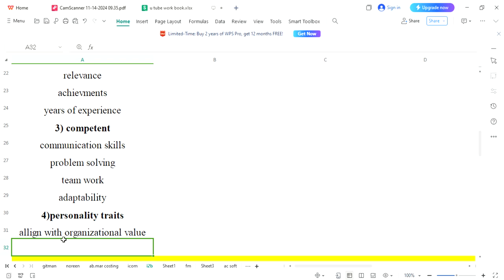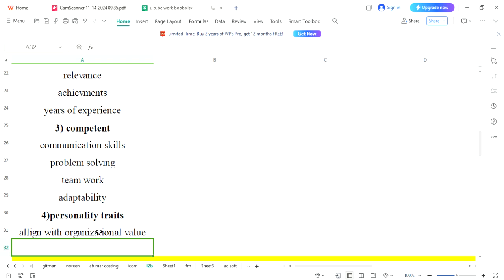He is preferring what the organization wants him to prefer, leaving his personal habits and adopting the requirements of the organization. This is basically the alignment with organizational values. So we will see whether he is ready to align with the organizational values.